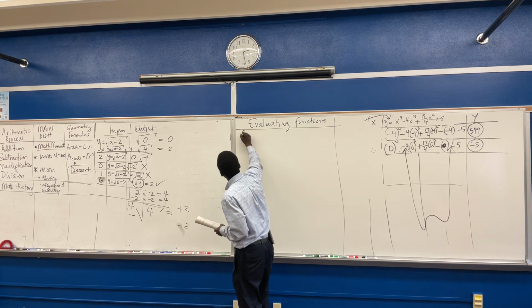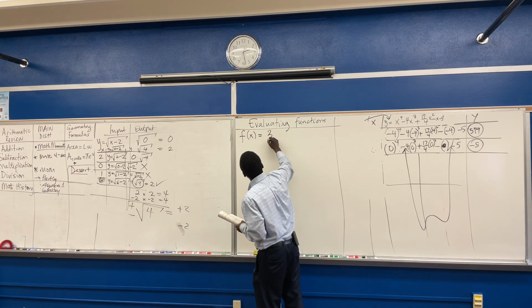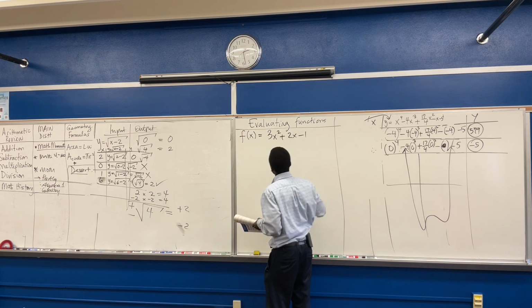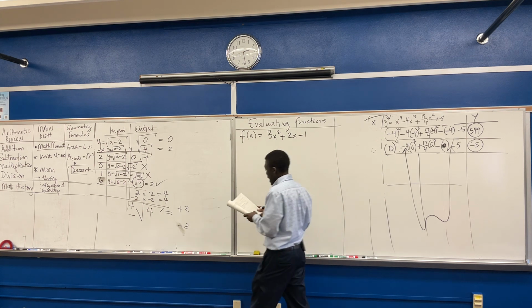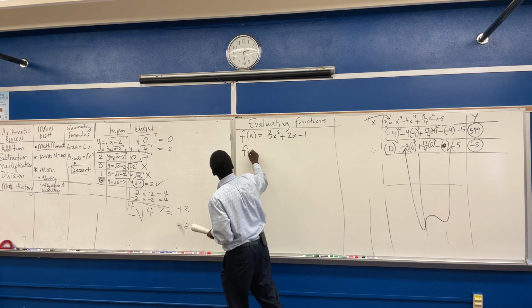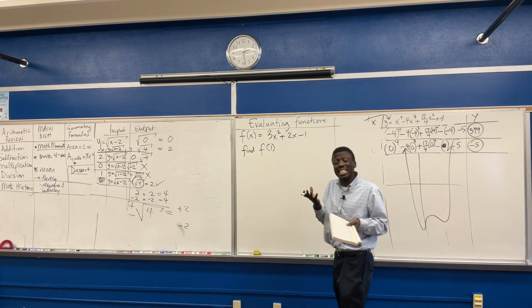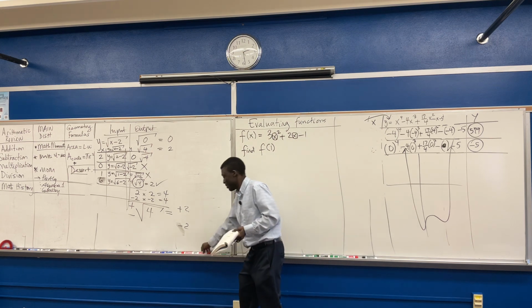So if you're given f of x is equal to 3x squared plus 2x minus 1. If somebody says that's the function, and they ask you find f of 1, okay? What they're saying is everywhere you see x, change it to 1.